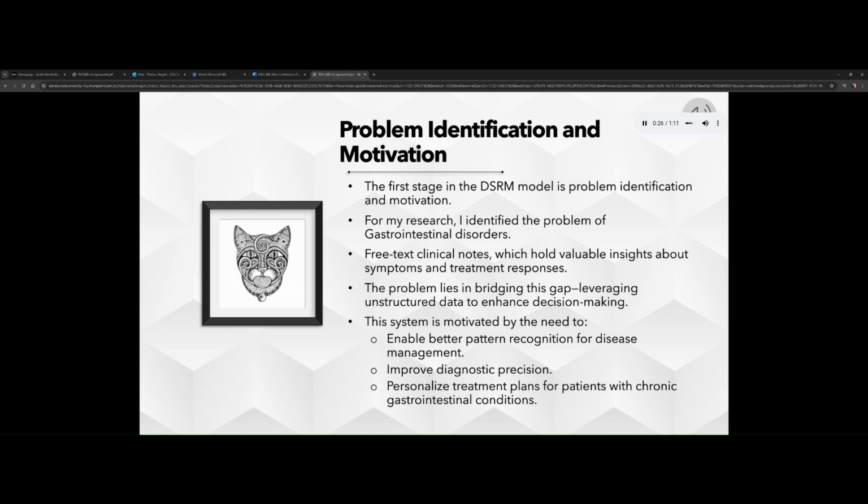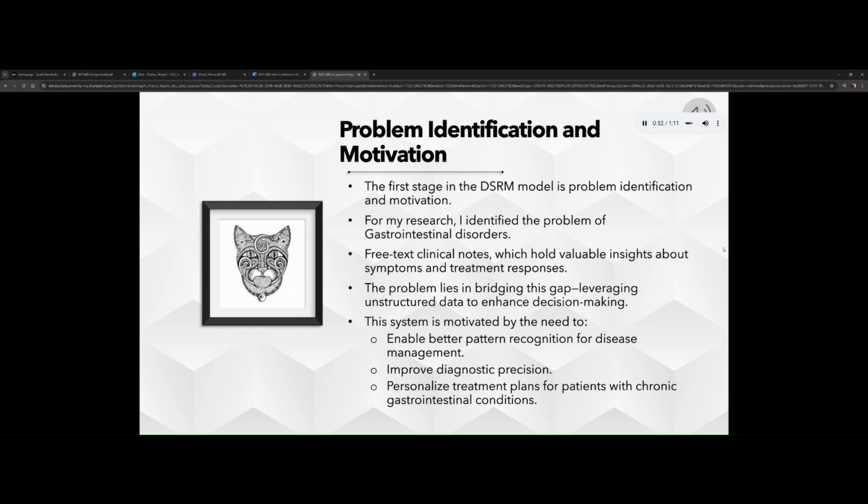So clinicians often underutilize unstructured clinical data, such as free text clinical notes. These clinical notes hold valuable insights on symptoms and treatment responses. So the problem here lies in bridging the gap between leveraging this unstructured data and making enhanced decisions.